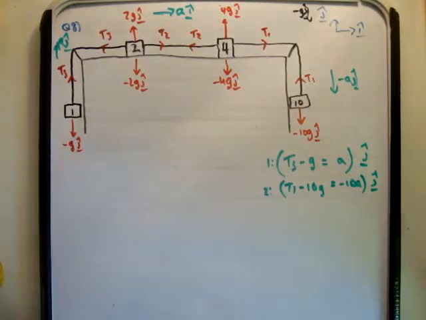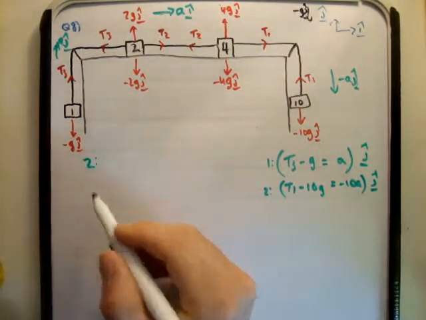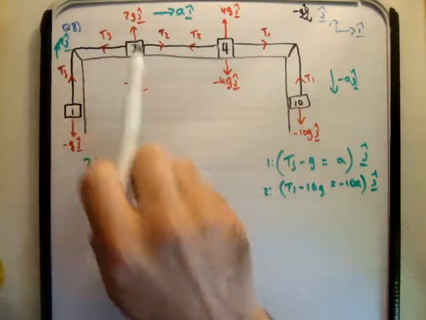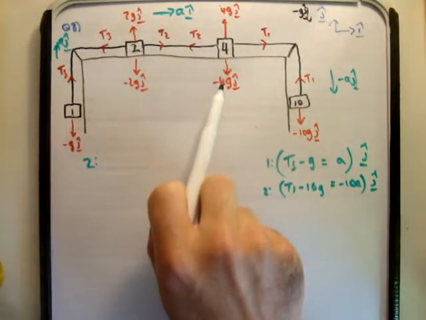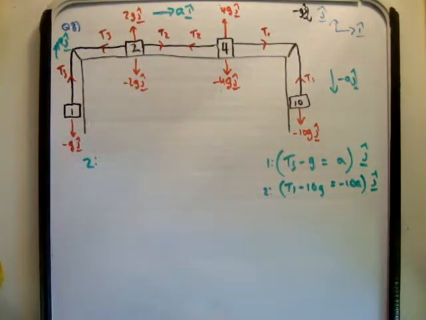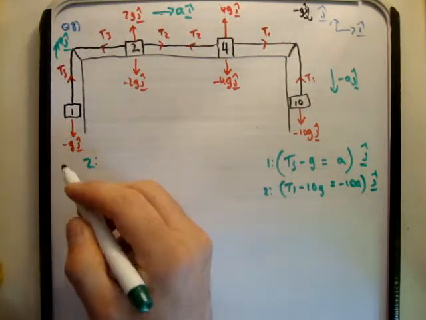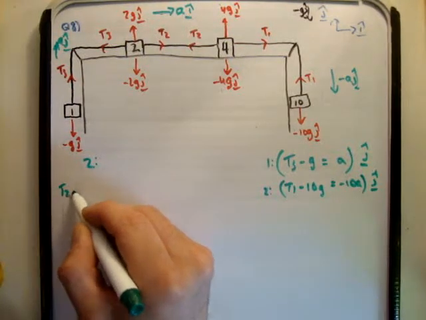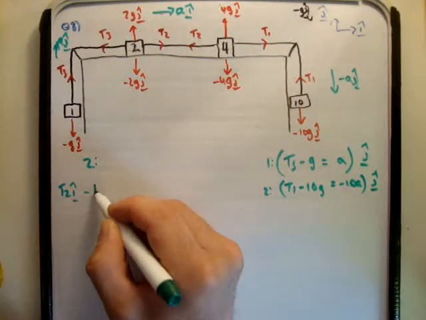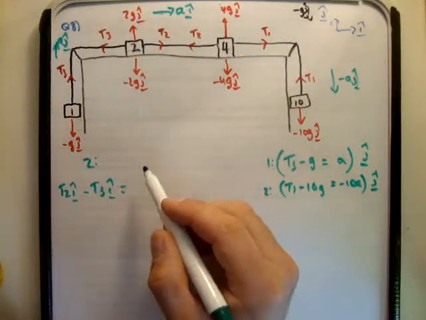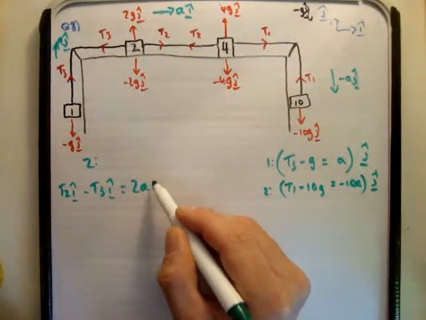Next we'll do the 2 kilo mass. Now of course, if we're doing all the sums, we're going to get j hat vectors, but look straight out that these cancel out. We have negative 4g j hat plus 4g j hat, and they'll just cancel. So I'm only actually going to look at the i hat direction unit vectors. So what we're going to get is that T2 i hat minus T3 i hat is equal to 2a i hat.